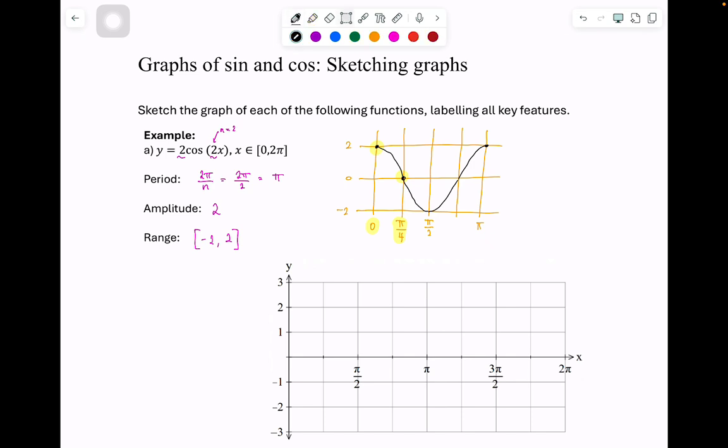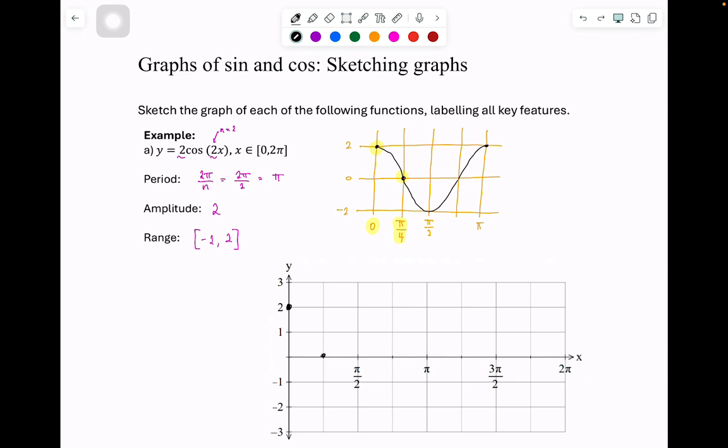This first point will have a coordinate of 0, 2. So 0, 2 starts here. And then our next point is pi on 4, 0.